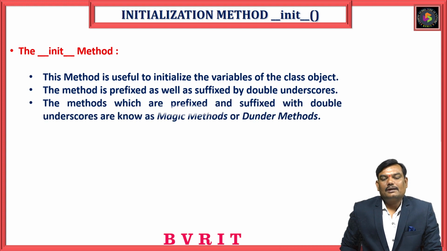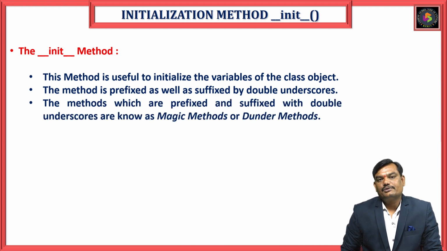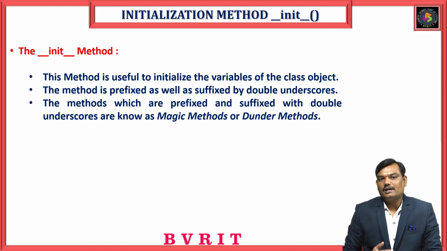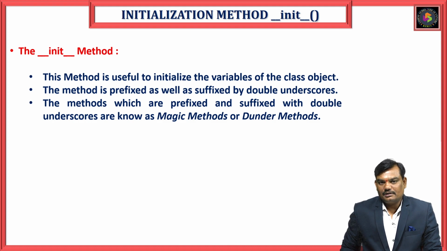In Python programming, we have a lot of methods which are prefixed and suffixed with double underscores, and we call all these methods magic methods or dunder methods. Whenever you want to use this initialization method inside a class, we have to understand the syntax of this particular method.